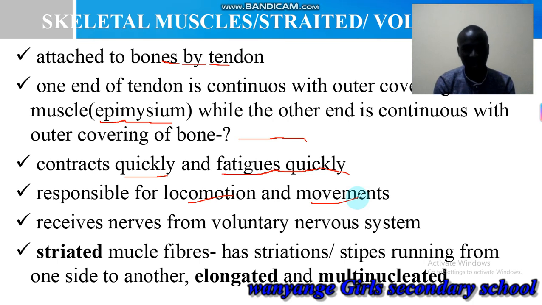So the muscle fibers or the muscle cells are striated. Remember what striated means? It has those striations or strips running on them, white and dark somehow. And it is elongated and it is multinucleated, meaning that it has many nuclei in it. So one muscle fiber is elongated, multinucleated, and striated.